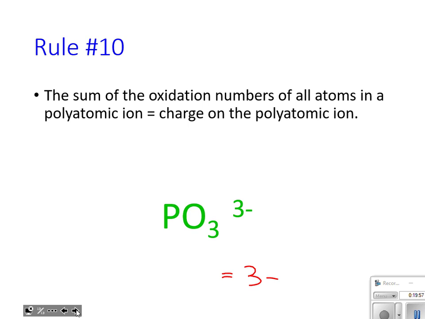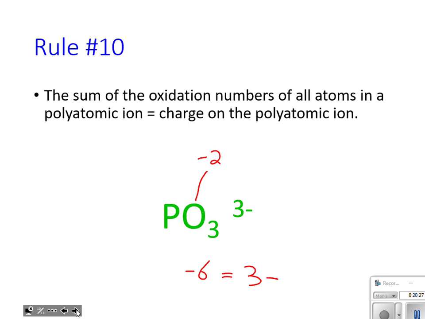So, when I follow my rules, where do I start with this one? I am starting with oxygen. In this instance, is oxygen a peroxide? It is not. So what is my charge of oxygen going to be? -2. I have 3 oxygens, so my total minus charge is going to be 6.